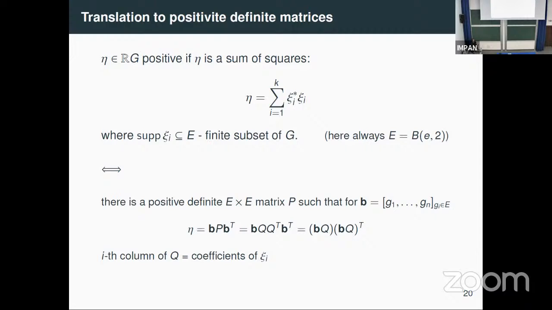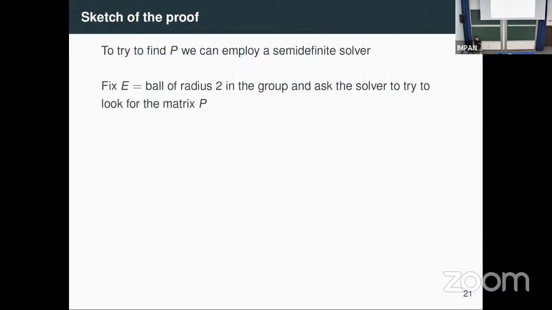The reason is that you can take the square root of P, Q, and rewrite the whole equation in this form. The columns of Q become the coefficients of the particular psi i. So now we have a translation of this notion into something that involves positive definite matrices.